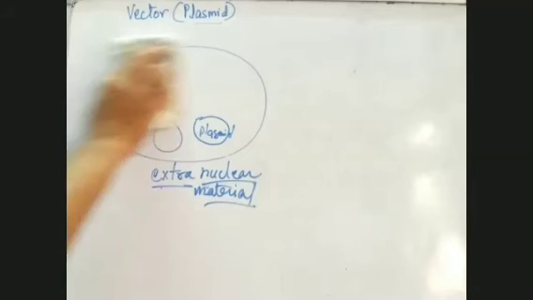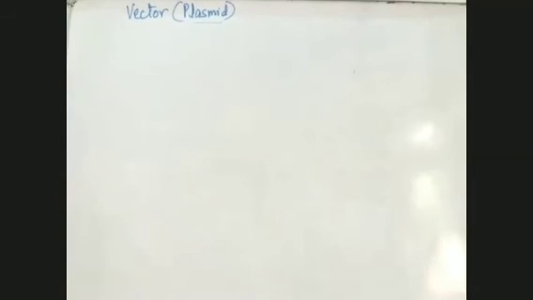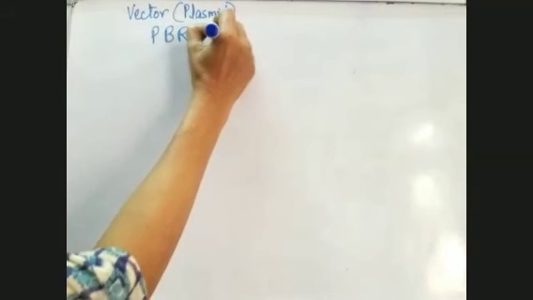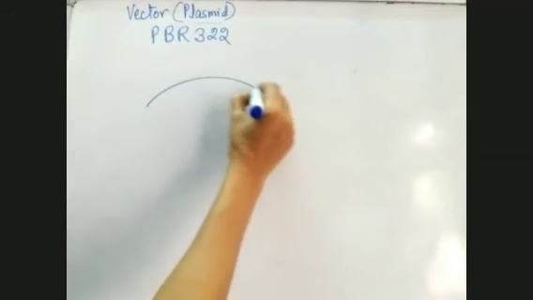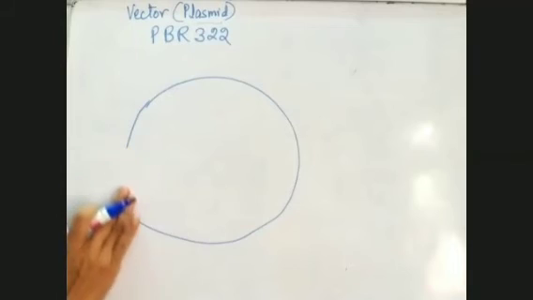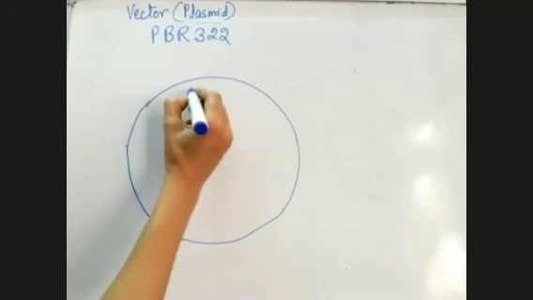Now, I was talking about this vector which is given in your book, and many a time a question has been asked from this. And this vector which has been given here is PBR322. It's a vector, and if you see, the picture is like this. One circle, another circle.